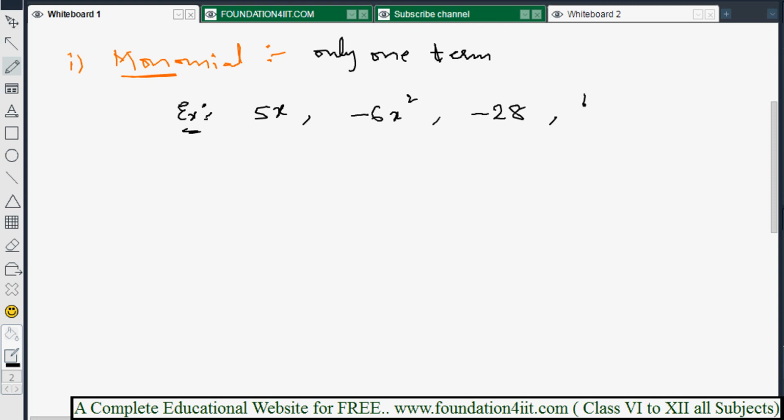And 43 by 7ab, some combination of letters and numerical values, constants, including the denominator place also. This is also a term. So these are all monomials. Okay, now the second type is binomial.